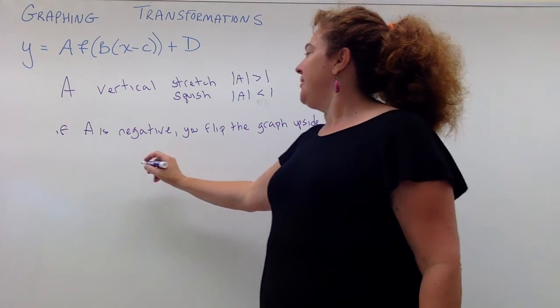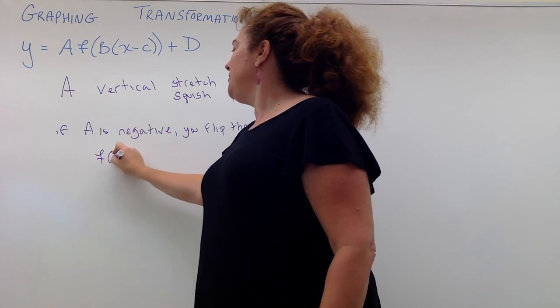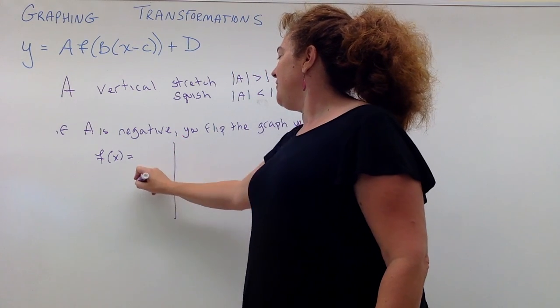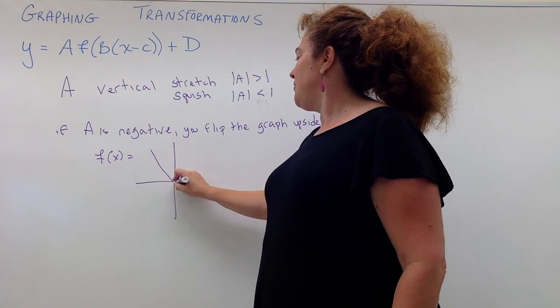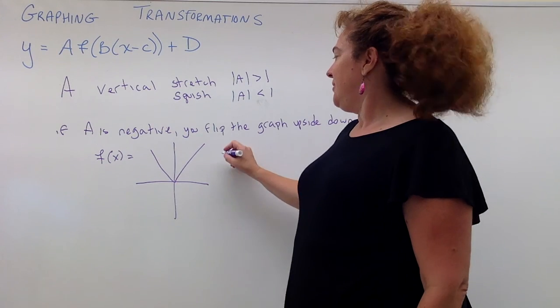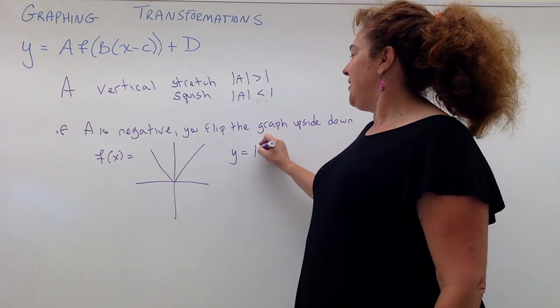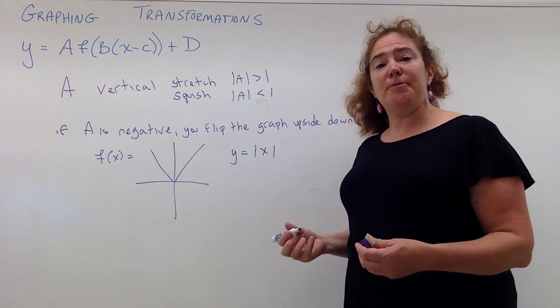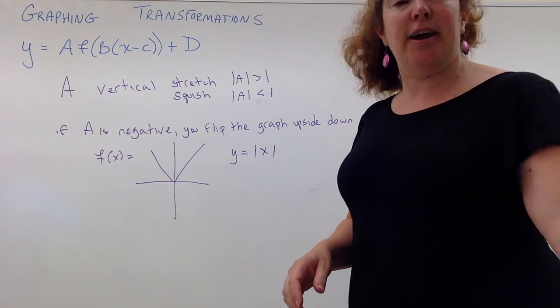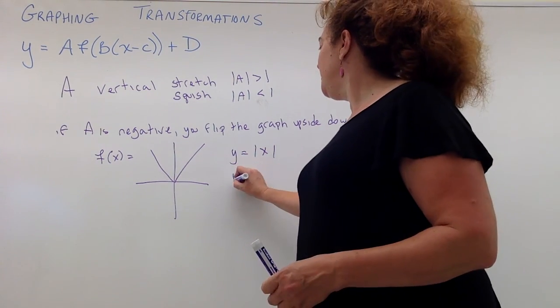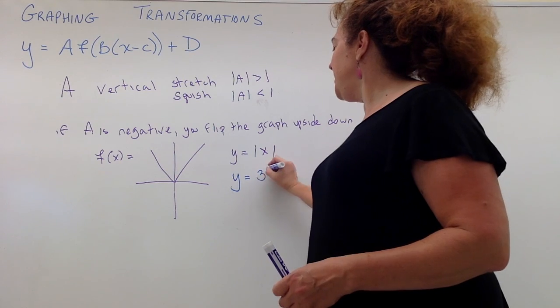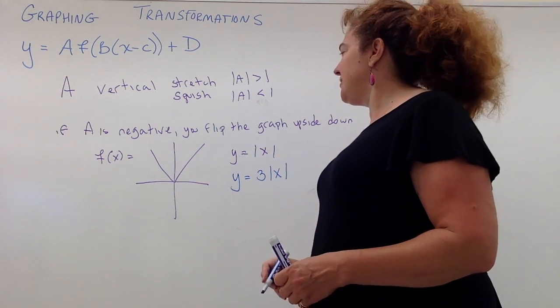If I have f of x is equal to the absolute value of x, we know that's a V, right? So that's y equals the absolute value of x. So suppose I put a constant out in front now. Y equals 3 times the absolute value of x.